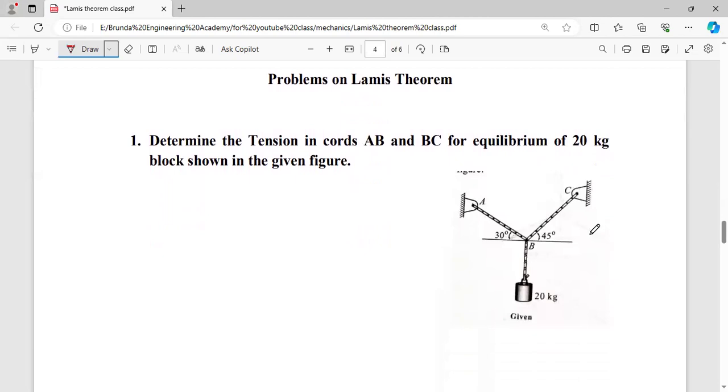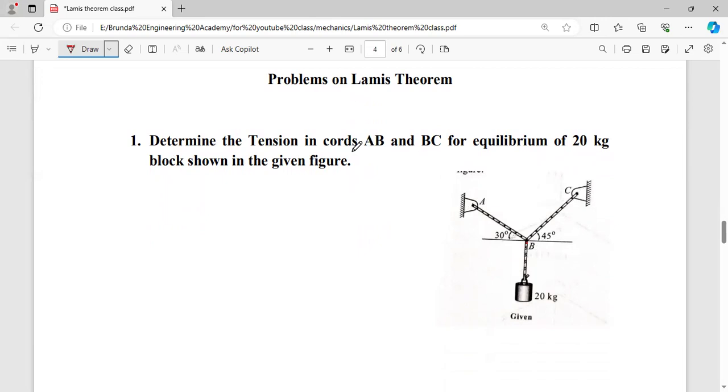Now let us take problems on Lami's theorem. Determine the tension in chords AB and BC for equilibrium of the 20 kg block as shown in the figure.